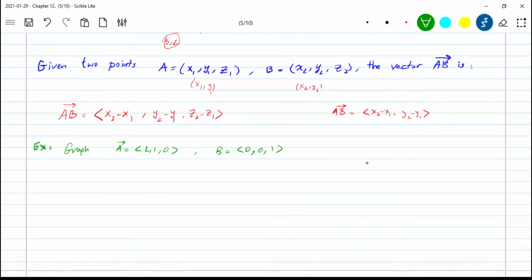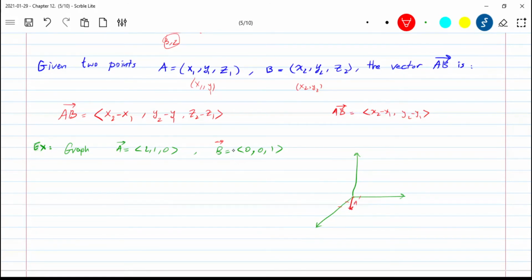Here, this is a 3-dimensional vector. If you want to graph it, you have to draw the 3 dimensions. Vector A would be 2, 1, 0. So from here you will go 2, 1 along the y, and 0 along the z. So this is the vector A.